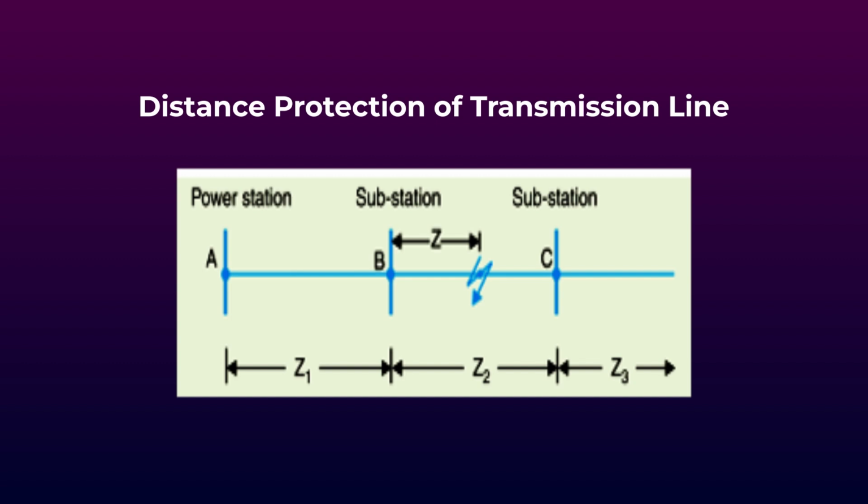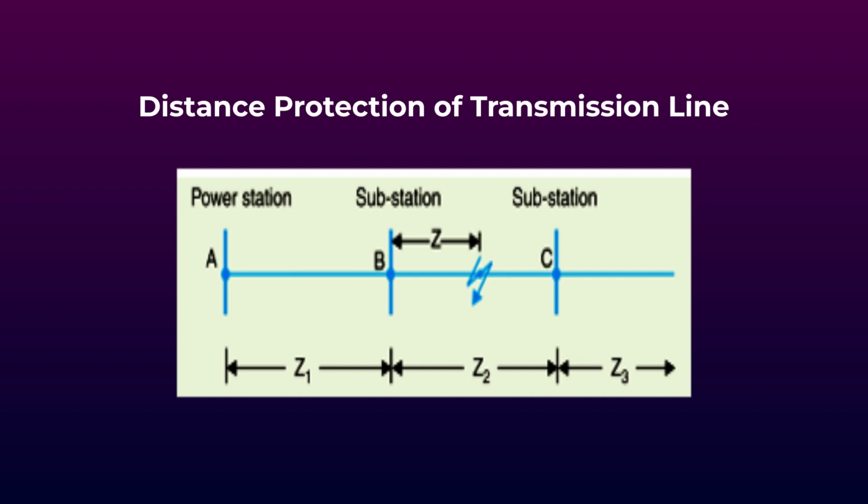Suppose a fault occurs between substations B and C. The fault impedance seen from the power station and substations A and B will be Z1 plus Z for A and Z for B. It means Z1 plus Z is the impedance measured by the relay located at point A and Z is the impedance measured by the relay located at point B.